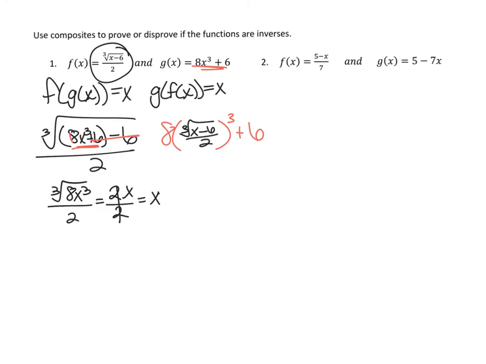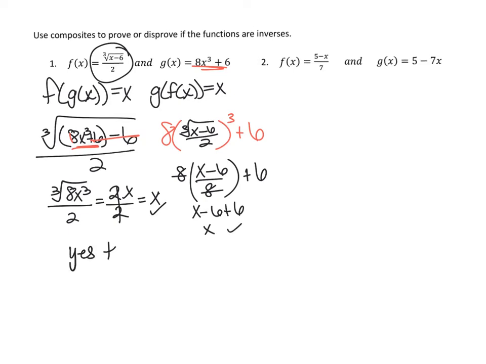When I cube the numerator, the cube root of x minus 6 cubed is just x minus 6, and 2 cubed is 8. So I get 8 times x minus 6 over 8 plus 6. The 8's divide out, x minus 6 plus 6 equals x. So I got x both times, so yes, they are inverses.